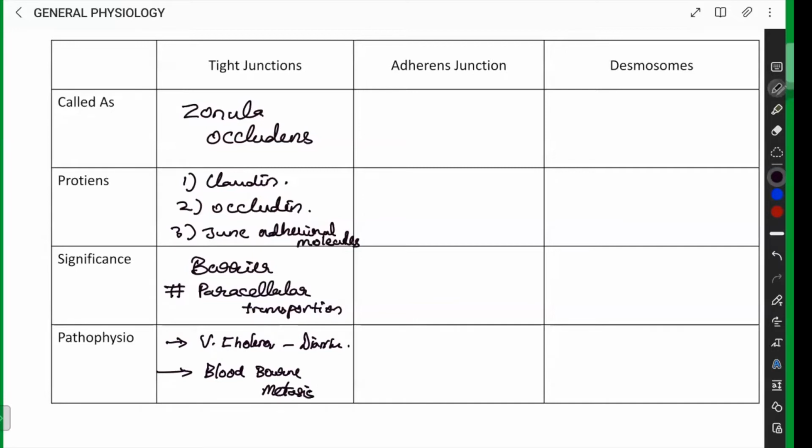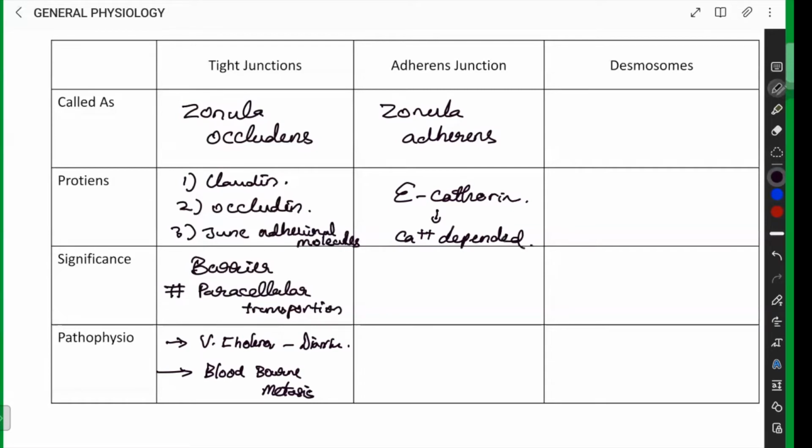Okay, next is going to be your adherence junction. What is adherence junction? It is otherwise called zonular adherence. What are the proteins that play an important role in zonular adherence? It is going to be the E-cadherin gene, the E-cadherin protein. This E-cadherin protein is calcium dependent.